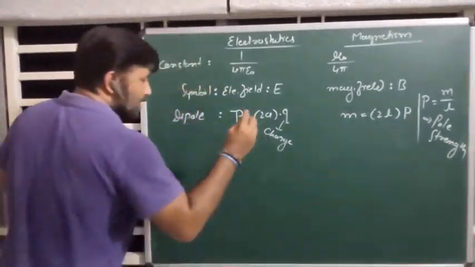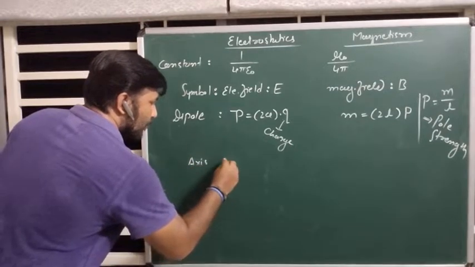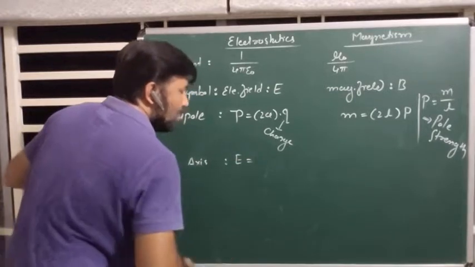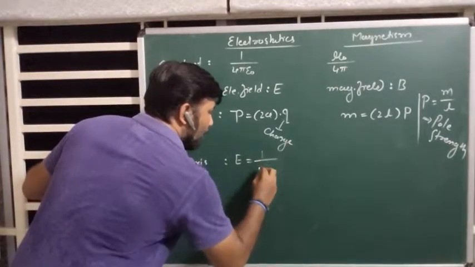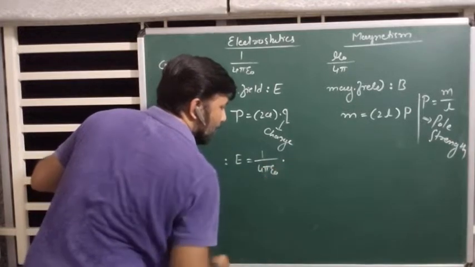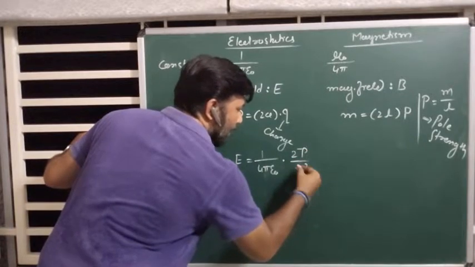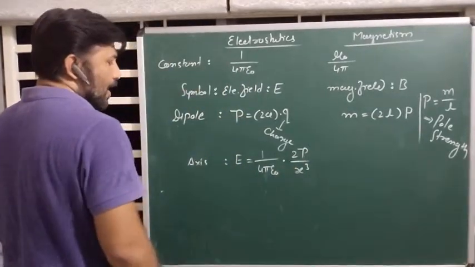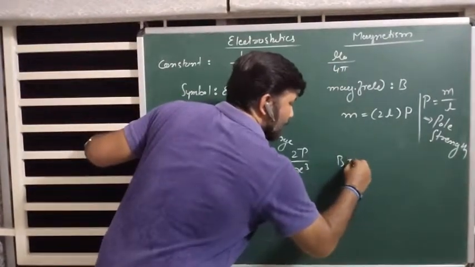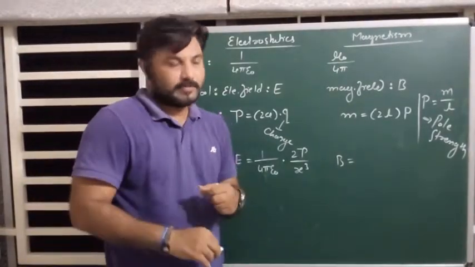Then, just now we have seen the axis. For the axis, what was the equation of electric field? E is equal to 1 upon 4 pi epsilon 0 multiplied by 2p upon x cube. And the same equation for magnetic field: B is equal to, now see, we are just changing the symbols.